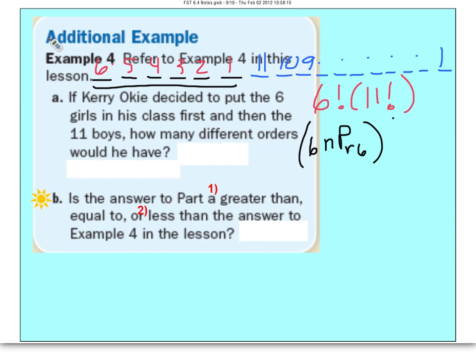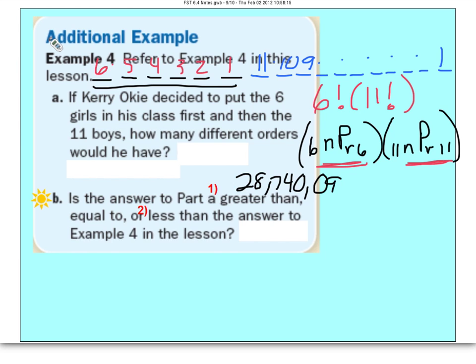And then for the boys, there's 11 boys, so he's going to do 11 nPr 11. This calculation right here is the same as 6 factorial, and this is the same as 11 factorial. The answer we're going to get for this is 28,740,096,000. So 28 billion.